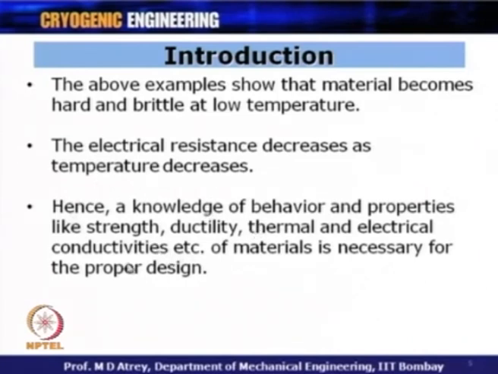All these properties change at low temperature, and therefore, knowledge of these material property changes at lower temperature is very, very important for proper design of a material which is going to be subjected to low temperature. And this is what we plan to do in this particular lecture.